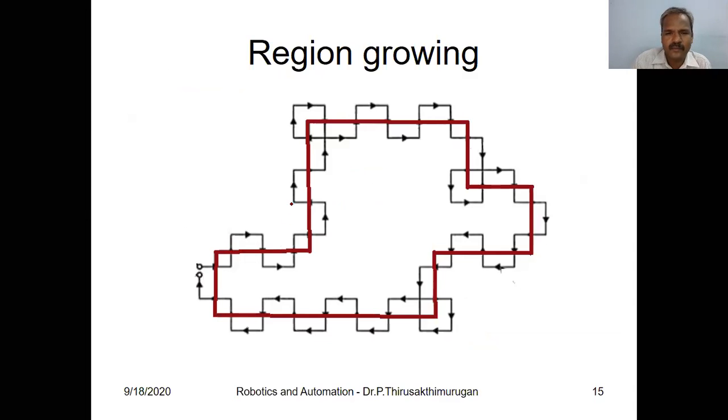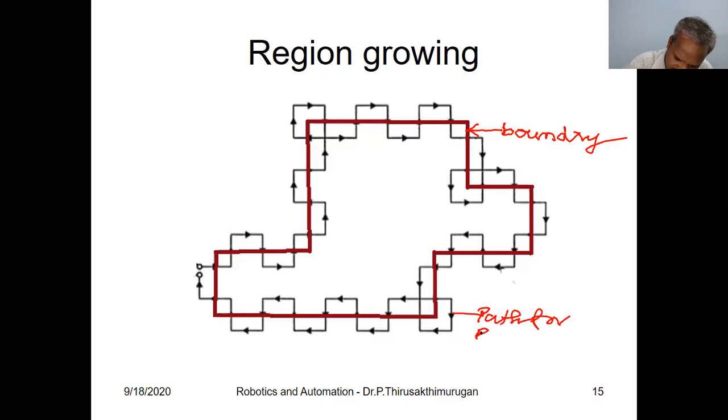See, this is one boundary. This is boundary covering. This is the path for region growing.